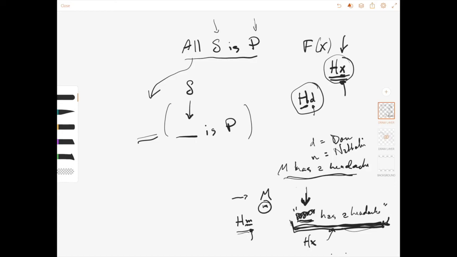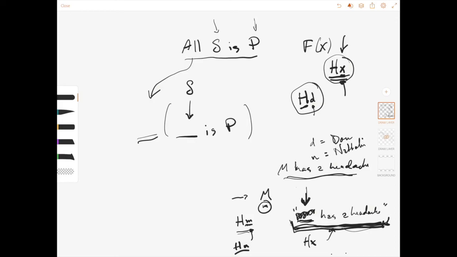And then if we put a constant that is appropriate for that slot in the place of the variable, for instance, H of n, then we've generated a proposition. So the meaning of this, given our dictionary here, is Natalie has a headache.